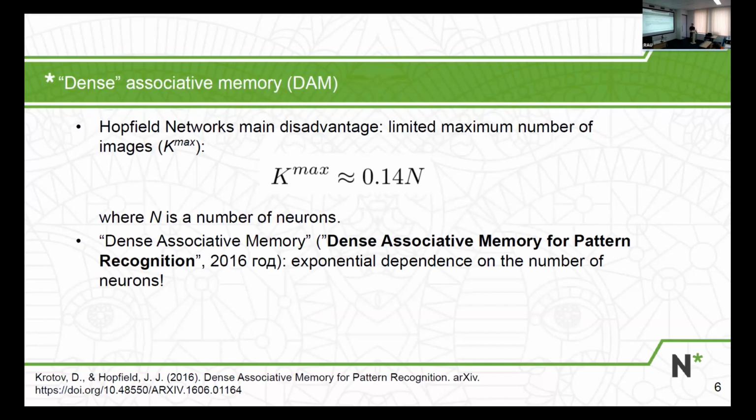And that was the problem for many years, until in 2016, in the work Dense Associative Memory, the researchers John Hopfield and Krotov modified the energy function, which described the behavior of Hopfield networks, and it made it possible to have an exponential dependence on the number of neurons.